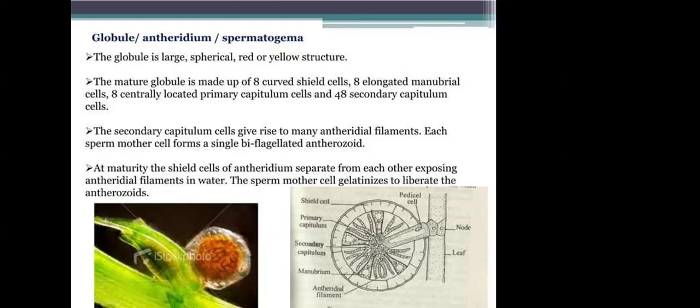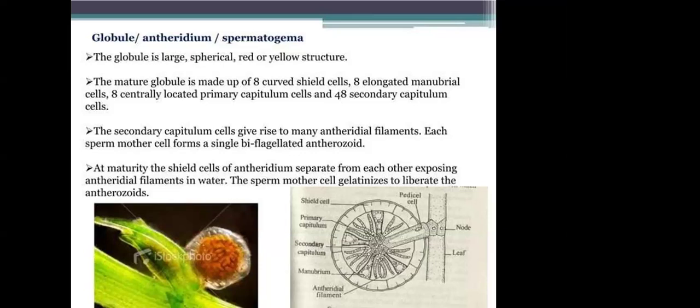Next one is the antheridium. Attached to the primary or secondary capitulum are several branched uniseriate filaments. That filament is called the antheridium. Its contents are metamorphosed into a single anthrozoid.